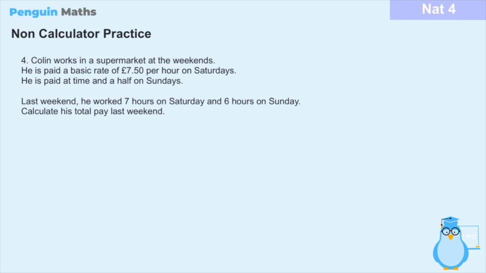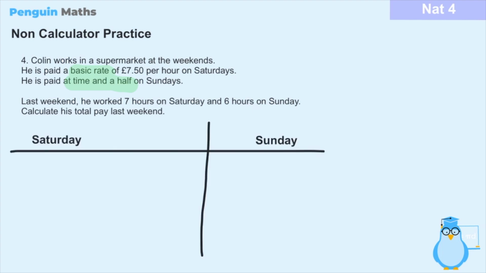So to begin looking at this and how we calculate the total pay, what we have to do first of all is calculate his pay on the Saturday and the pay on the Sunday, because we are told that they're paid differently. On the Saturday he's paid a basic rate, but on Sunday he's paid time and a half. So what that means is that would be 1.5 times the basic rate on Sunday.